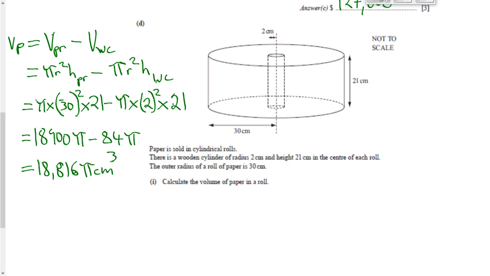Now you can just press the decimal button, and that should give you an approximation of 59,112 centimetres cubed.